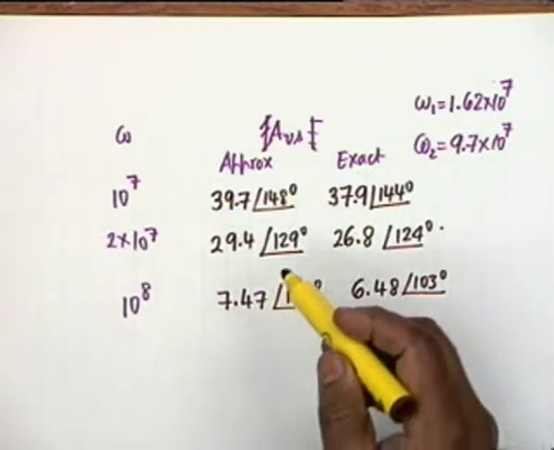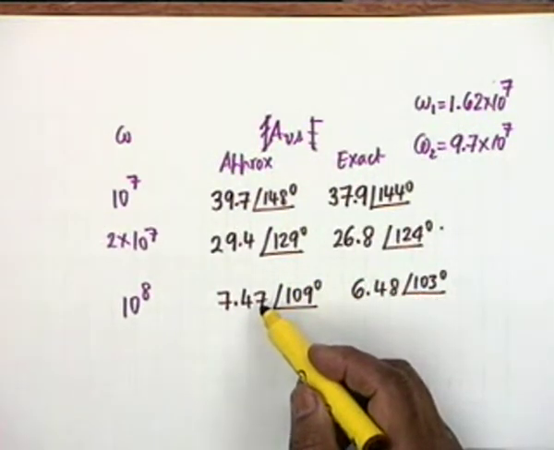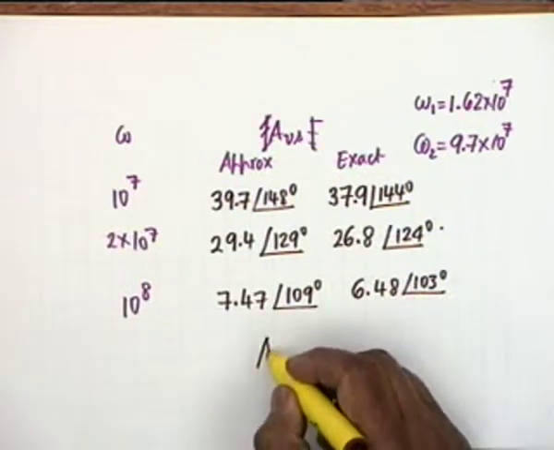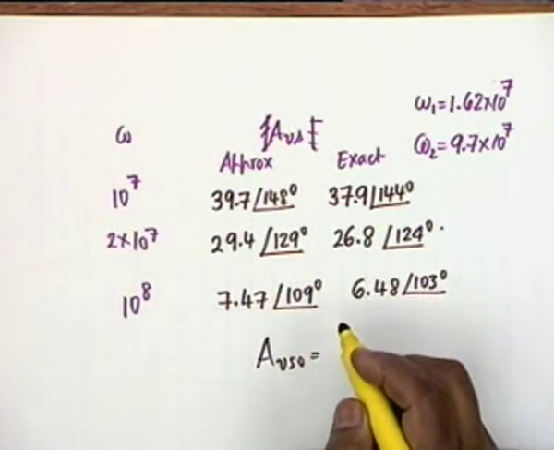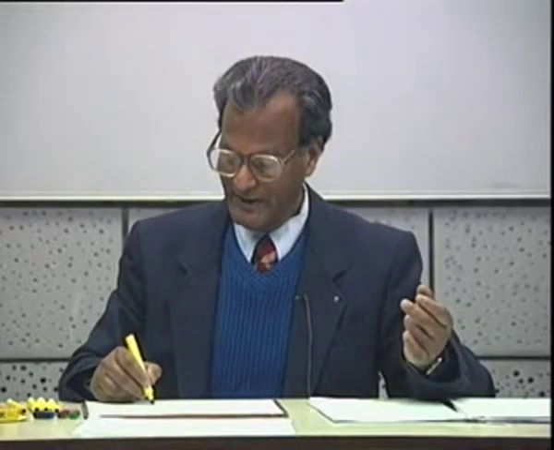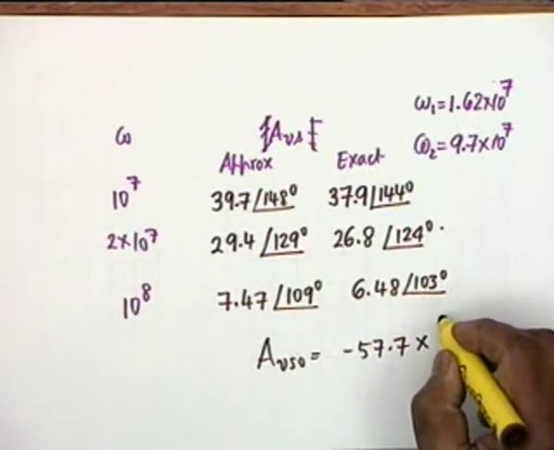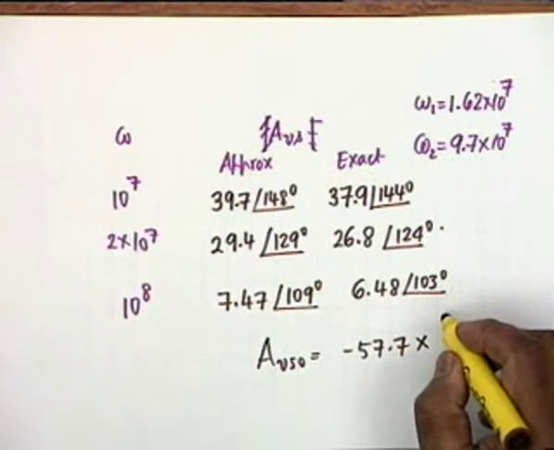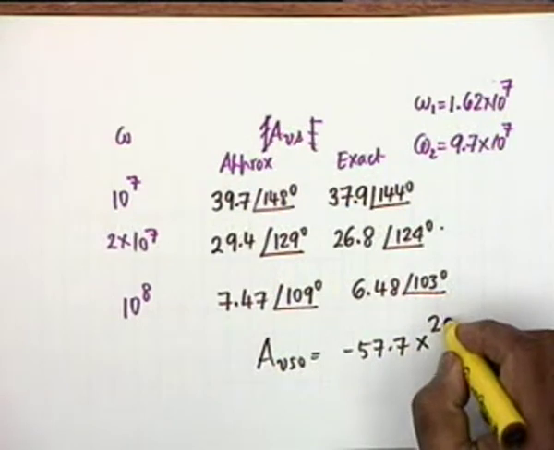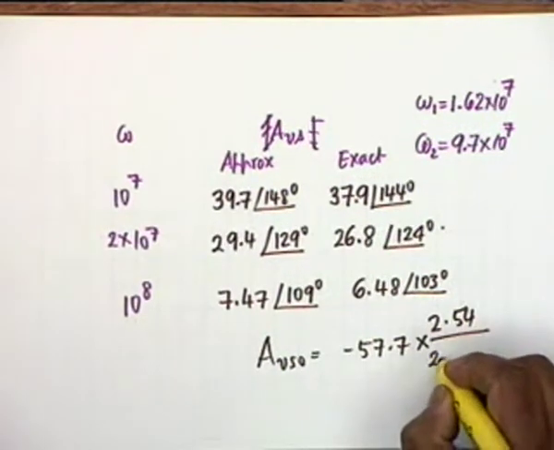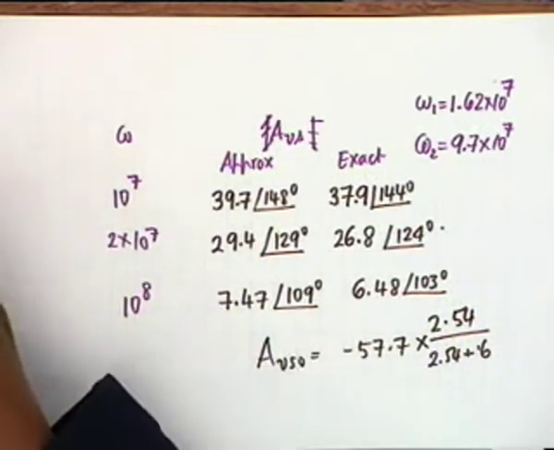Now one argues that we won't obviously use the amplifier with a gain of 7.47 when the mid band gain is, what was the mid band gain? AVS 0, minus 57.7 multiplied by R pi. What was R pi? 2.54 divided by 2.54 plus 0.6.